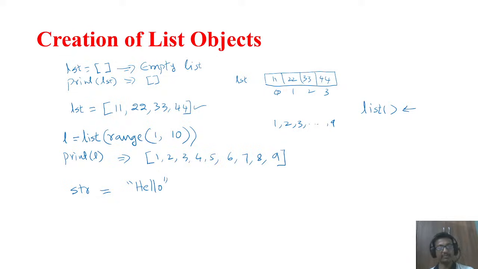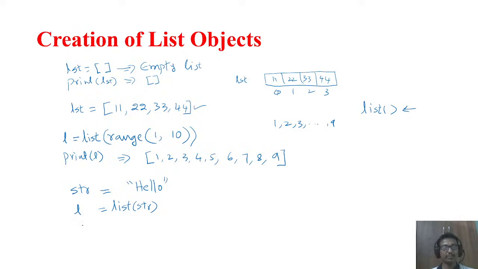Now I want to convert this string into a list. I can give this str to the list function, list of str, then it returns a list, and that you can store in a variable called l.